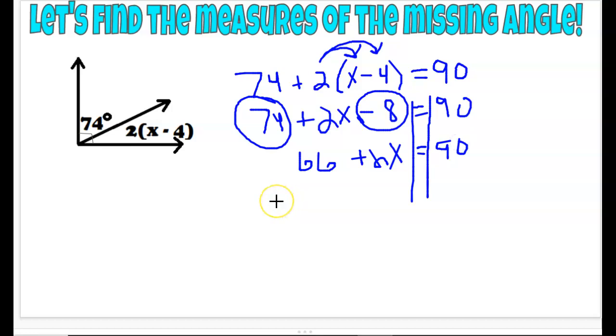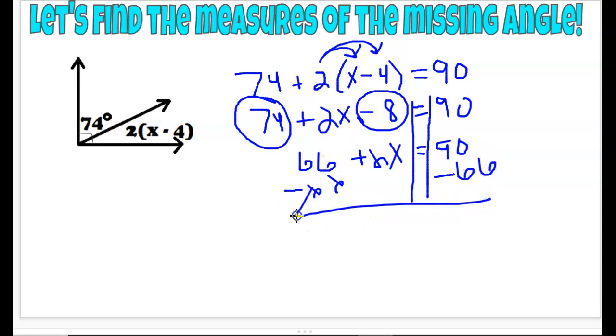Okay, almost there. So I need to combine anything that's the same, and by combining these two, 66 is on the left side, 90 is on the right side. So I have to do the opposite by subtracting 66. Boy, that writing of mine is pretty horrendous.